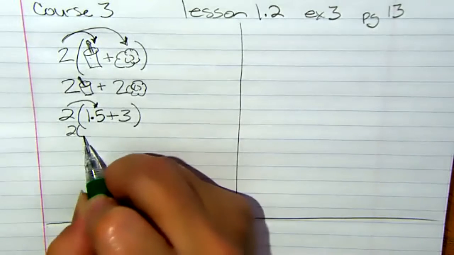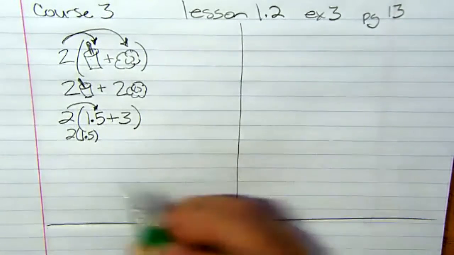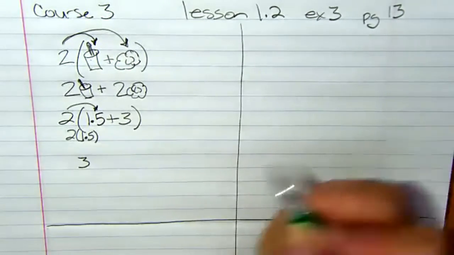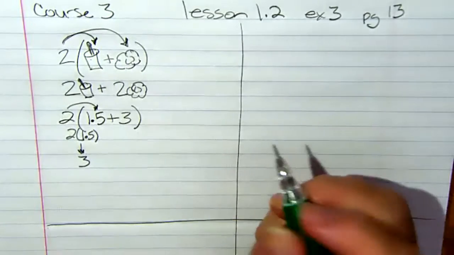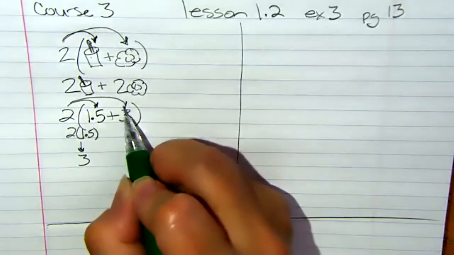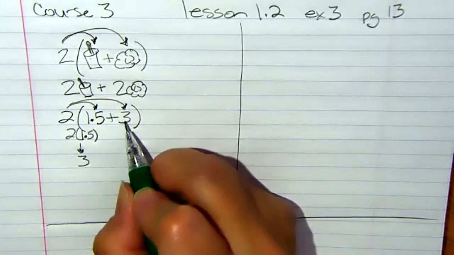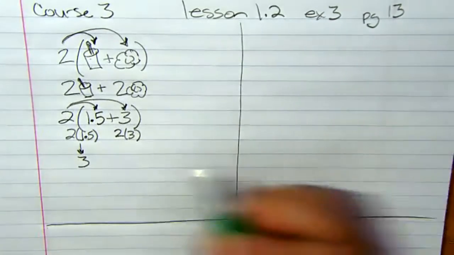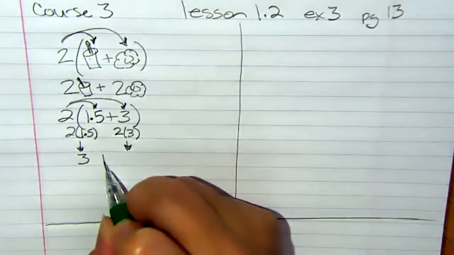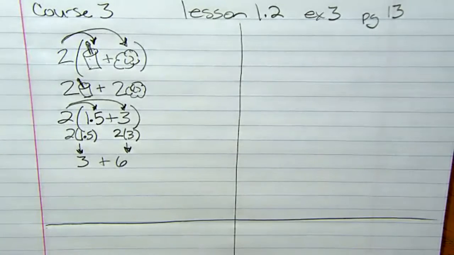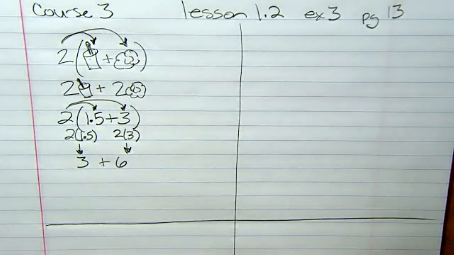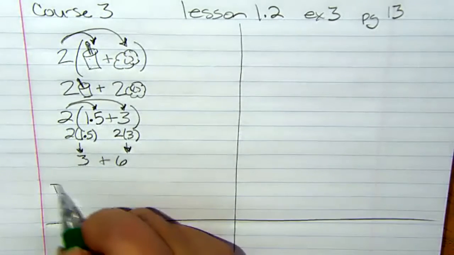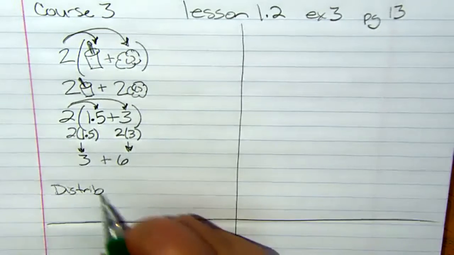This is 2 times 1.5, which will give us $3. Then 2 people are also going to buy popcorns that are $3. So 2 times $3, which is positive 6. So this right here is the distributive property.